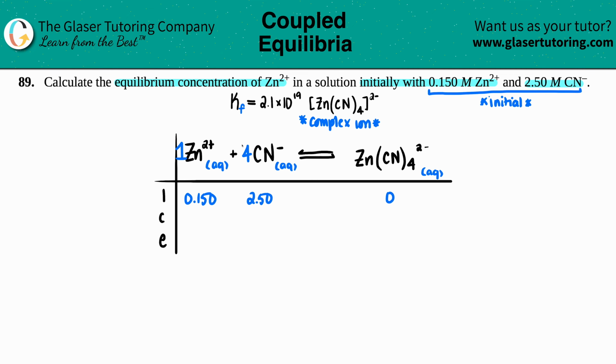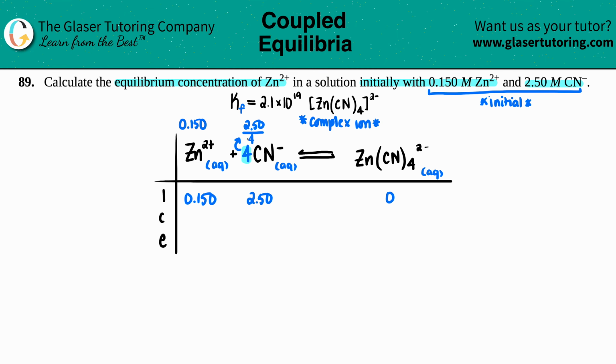So basically, you have to bring it down to the same level. So what I'm going to do is, since there's only 1 mole for the Zn2+, I'm going to keep this number, and I'm just going to put it up here, 0.150. Now, for the CN-, I want to know what the number is on a 1 mole basis. So I'm going to take that molarity, 2.5, and I'm going to divide it by whatever moles that it is in the balanced equation.